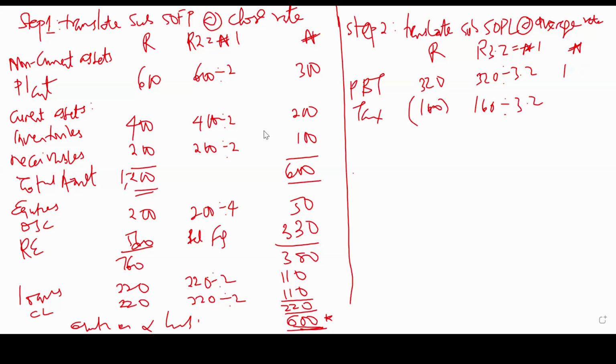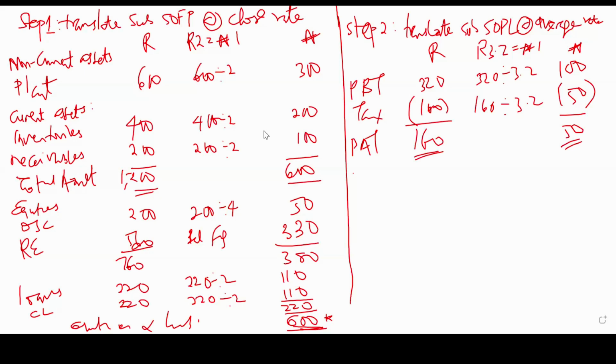Sorry, 100. Okay, this should translate to 50. 160 is half of 320. All right. And then my PAT, profit after tax, will be 160. So this will translate to 50.